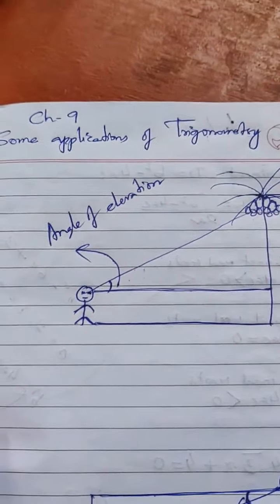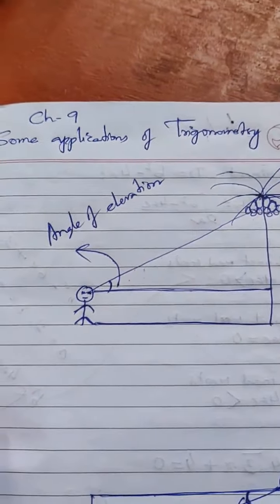If you look at the top, then what will happen? You can see here, from the eyes I have drawn that line, that means you're looking up. And normally, suppose you're not looking down and not looking up either, if you look straight, then you see some part of this coconut tree or betel nut tree, isn't it?